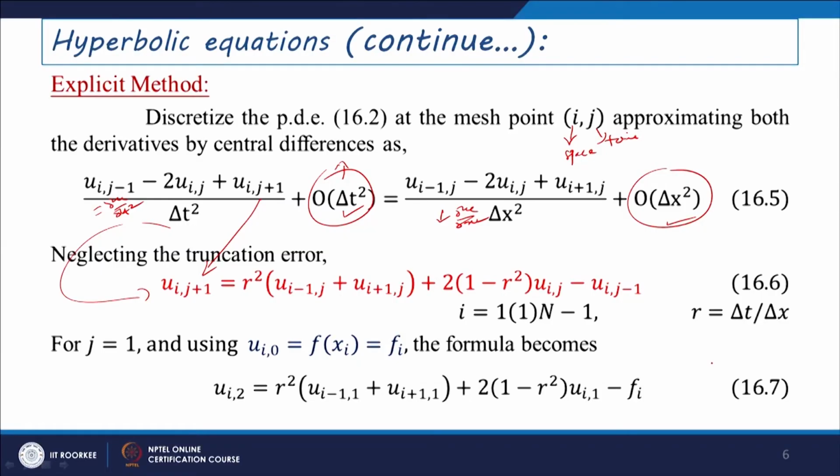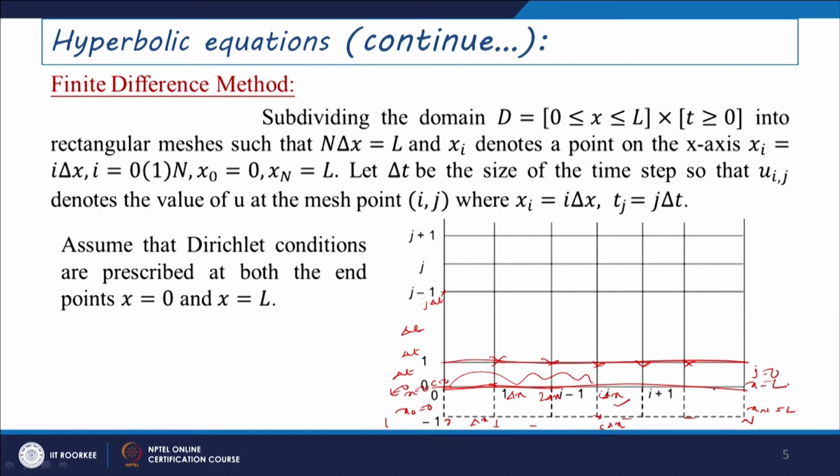So, for this, if we use j equals 1, the first time step, and using u_{i,0} equals f(x_i), this as f_i. Since at the 0th level, t equals 0, only i has the variation, so j remains 0 there itself.